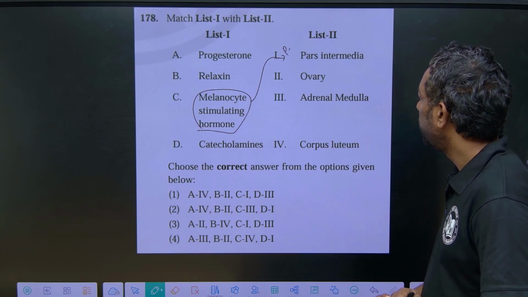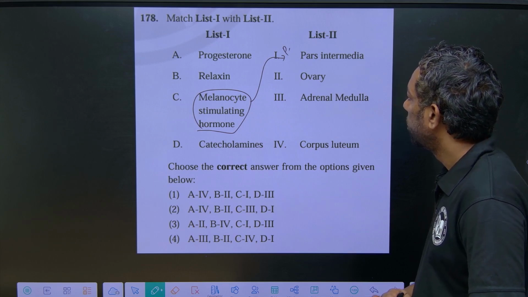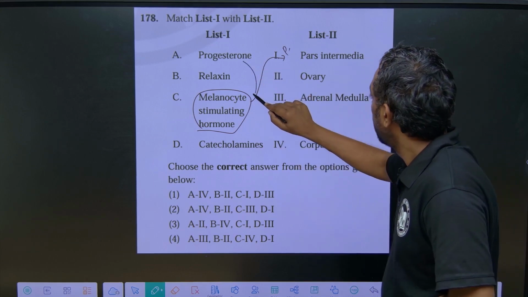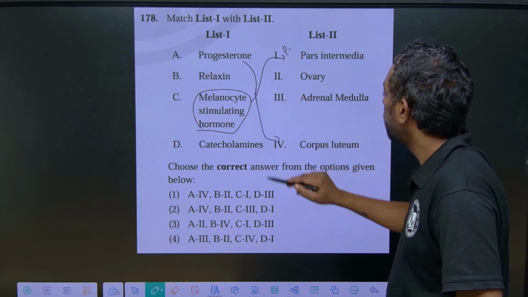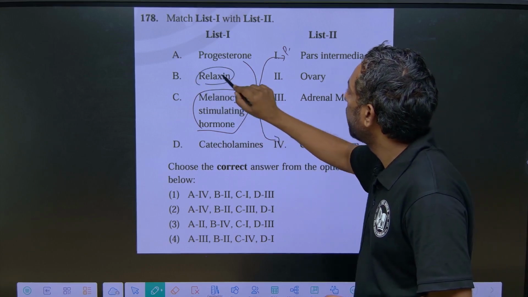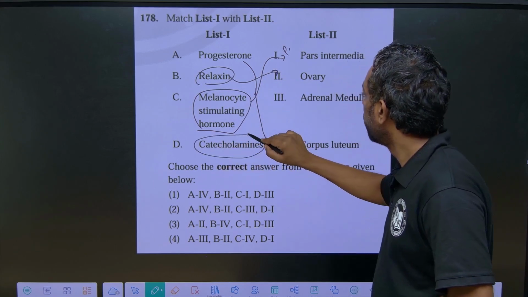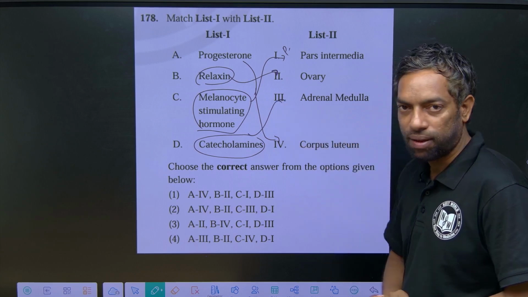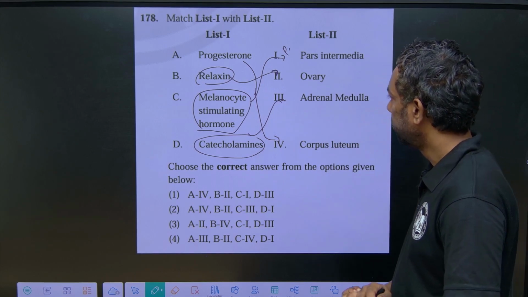Progesterone is produced from the corpus luteum. Relaxin, obviously ovary, and catecholamine we know is adrenal medulla.